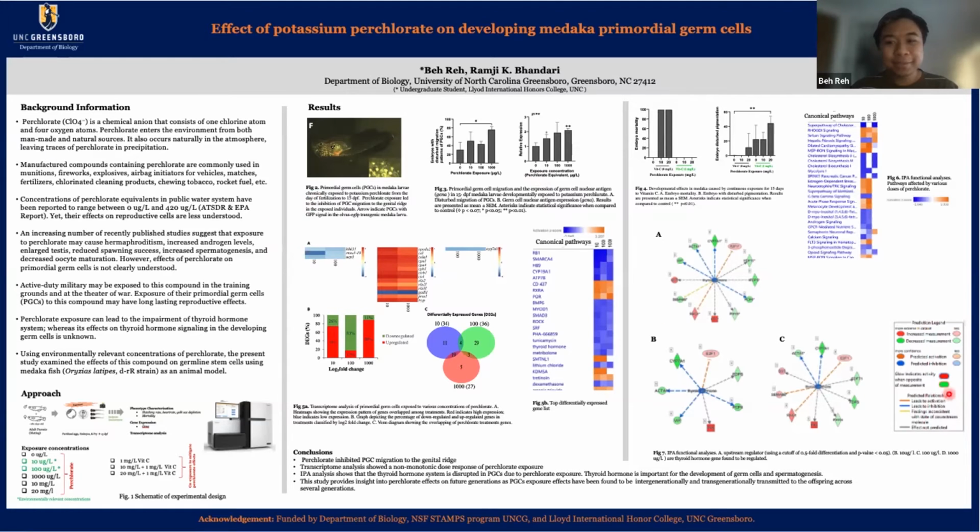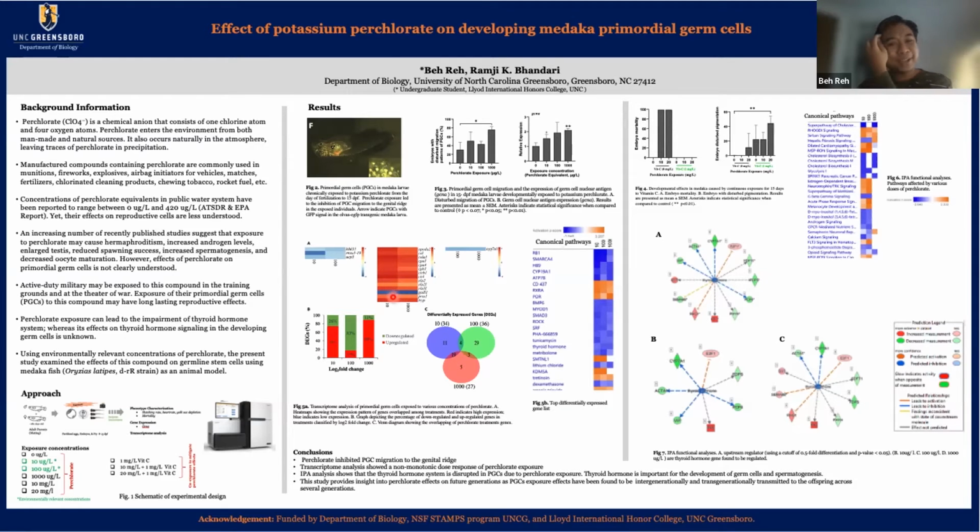We also did RNA sequencing and found that the transcriptome activity represents a non-monotonic graph, as shown right here, U-shaped, showing that the 10 microgram per liter has a similar profile as the highest concentration, 1,000 microgram per liter, and overlapping genes between these two show an upregulation as indicated by the red color of my heat map.